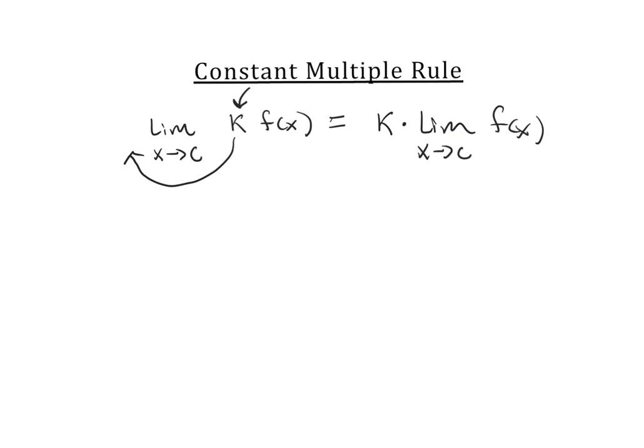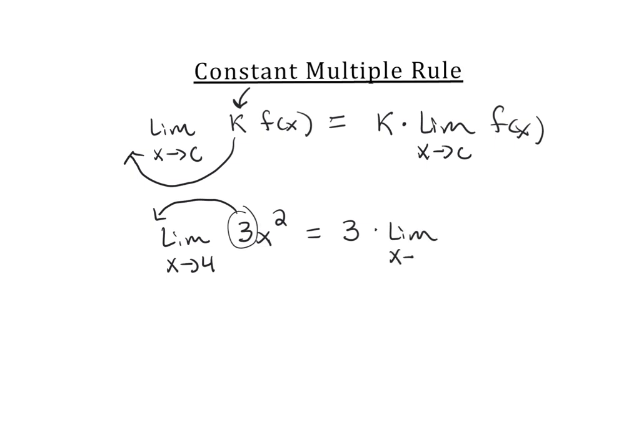Just a basic example: if I have the limit as x approaches 4 of 3x squared, I can rewrite this with that coefficient out in front. I could write it as 3 times the limit as x approaches 4 of x squared.